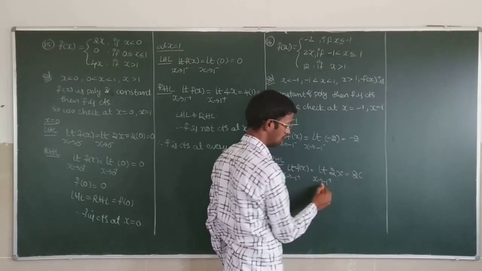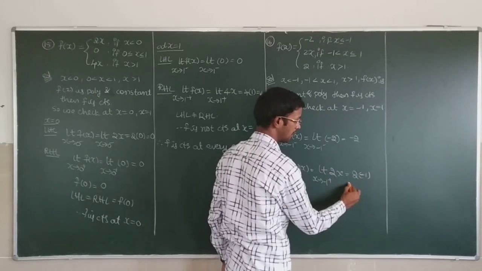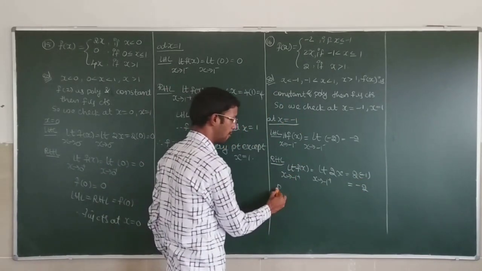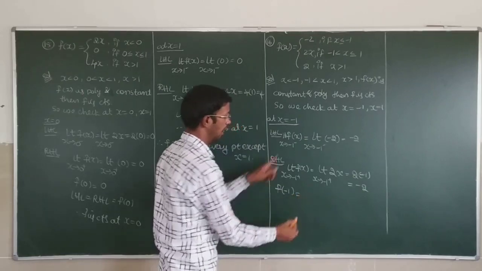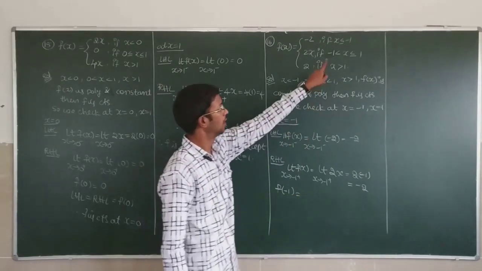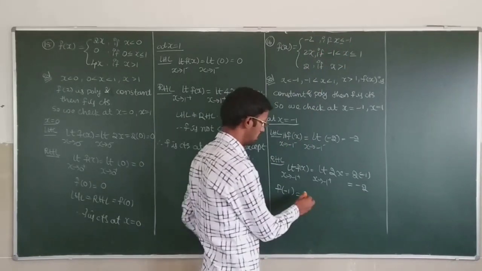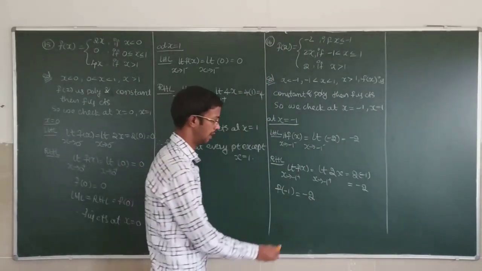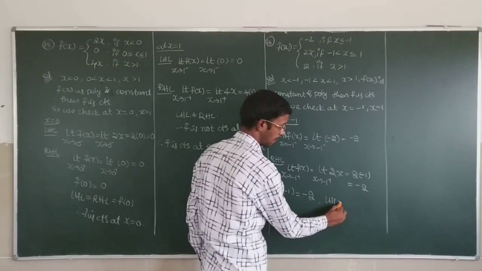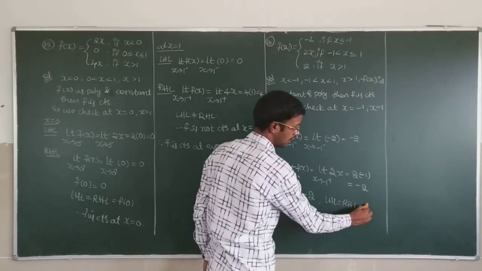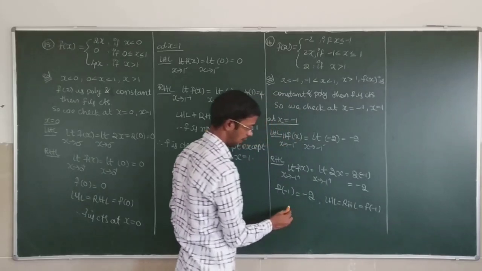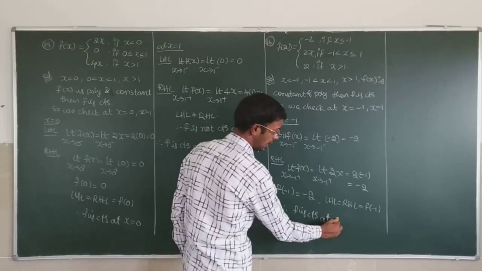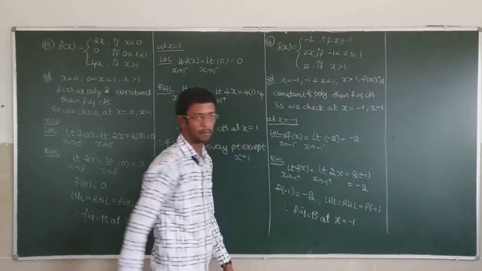Here you have to substitute the x value -1, so -2. LHL equals RHL. f(-1) you have to find. Substituting -1, f(x) is -2. LHL equals RHL equals f(-1). Therefore, f is continuous at x = -1.